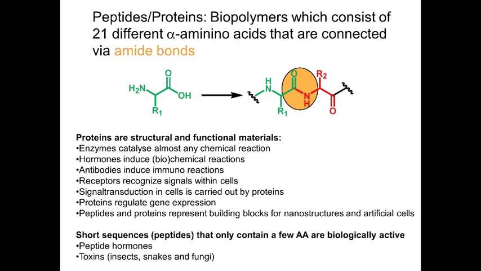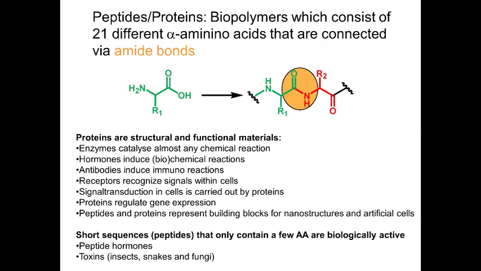a residue attached. That is where the 21 amino acids distinguish each other, and on this carbon atom, beside the side chain, there is usually also a hydrogen atom, which is not shown in the graphic here.